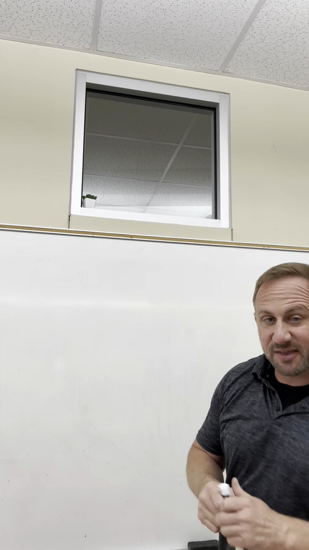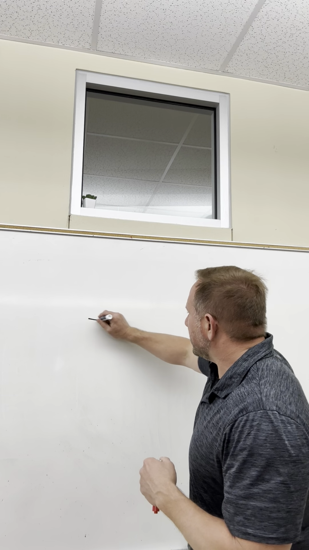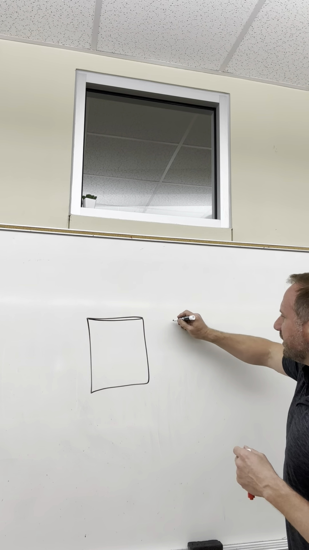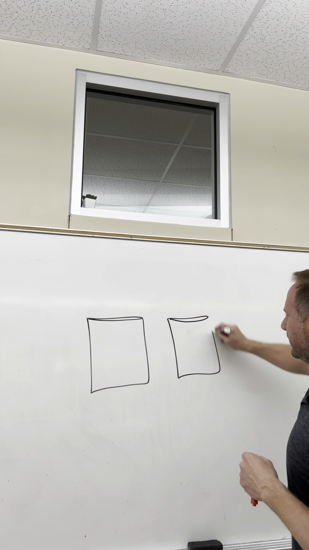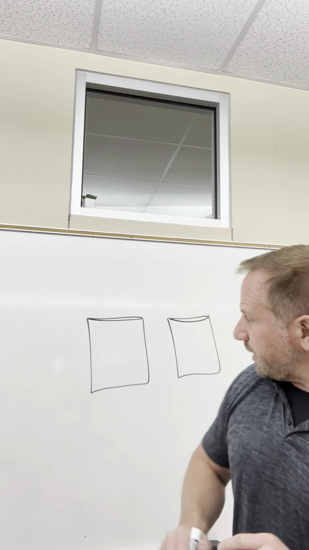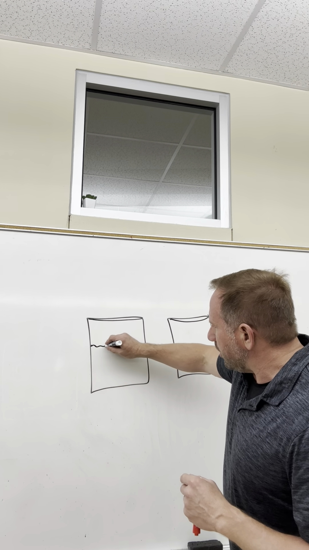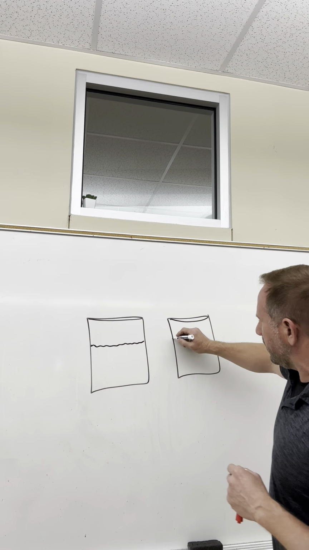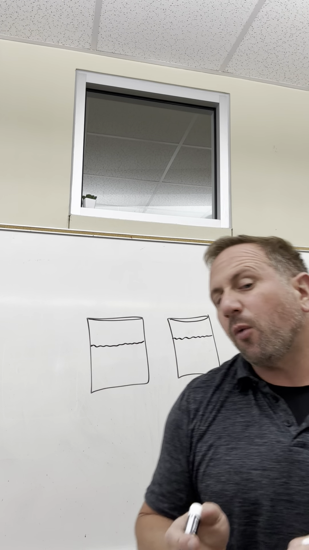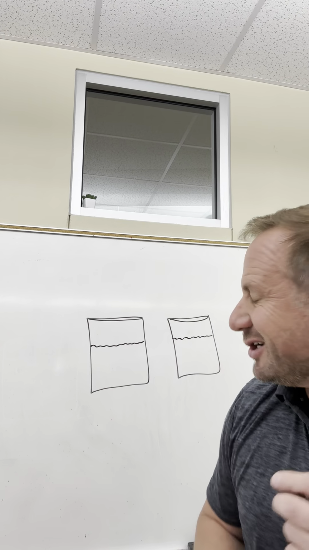I'm gonna set up a cell. I'm gonna take a container right here, and I'm gonna take another container right here. These are just two beakers. I'm gonna fill one of these up with water, another one up with water, and then we're gonna consider what the reaction is.